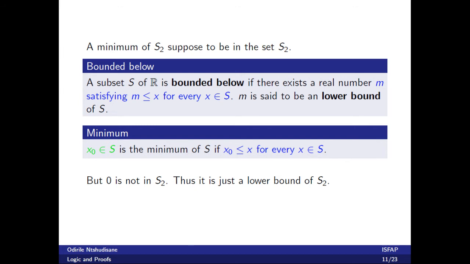To see what 0 is, let us recall the definition of a lower bound and the minimum. A lower bound is an element m less or equal to every element of the set S, while the minimum is a lower bound that is an element of the set S. However, 0 not being an element of the set S implies that it cannot be the minimum, but it is indeed a lower bound, as stated before.